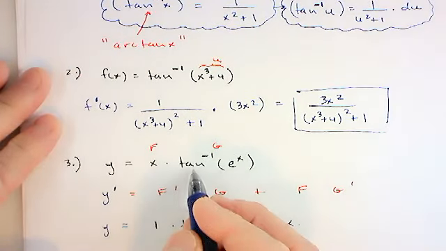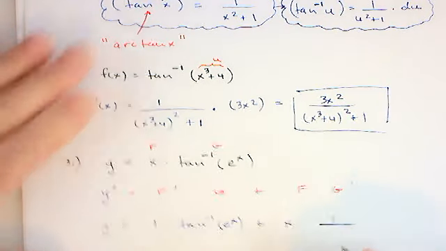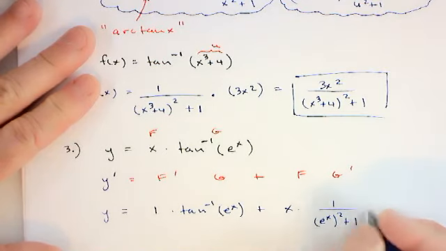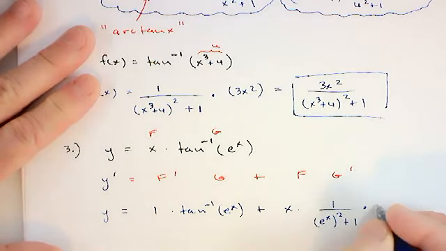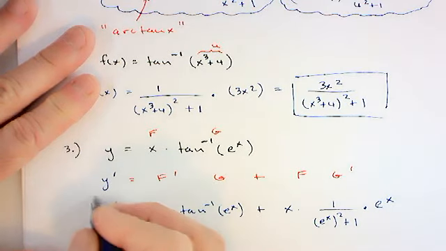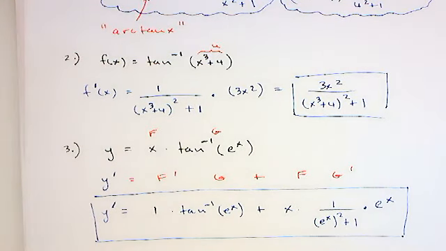And the derivative of inverse tan of stuff is 1 over my stuff squared plus 1 times the derivative of my stuff, which would just be e to the x. Oh, this is y prime. There we go. I'm going to leave it like this. All right, so we'll add that to our list of derivative formulas to make sure we know.